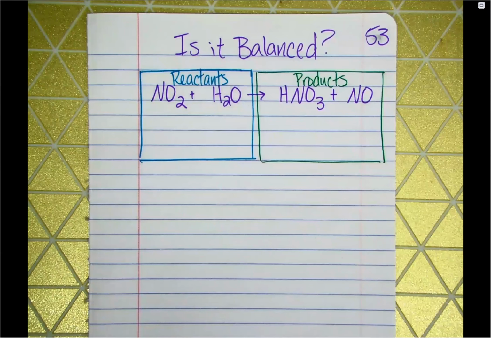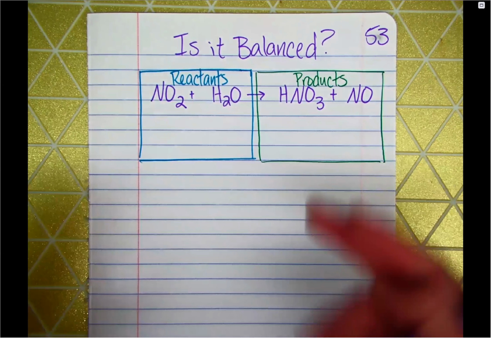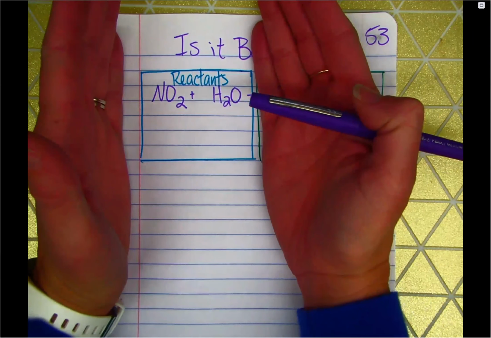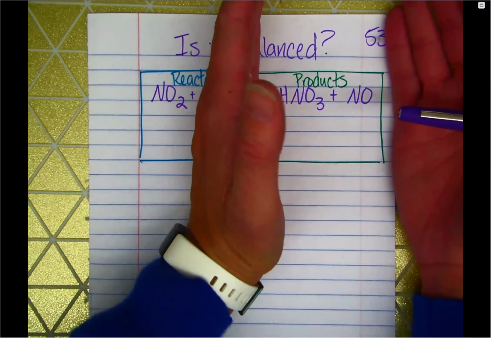They have to be the same. So what we need to figure out is what kind of atoms and how many do we have on the reactant side, and how many do we have on the product side.